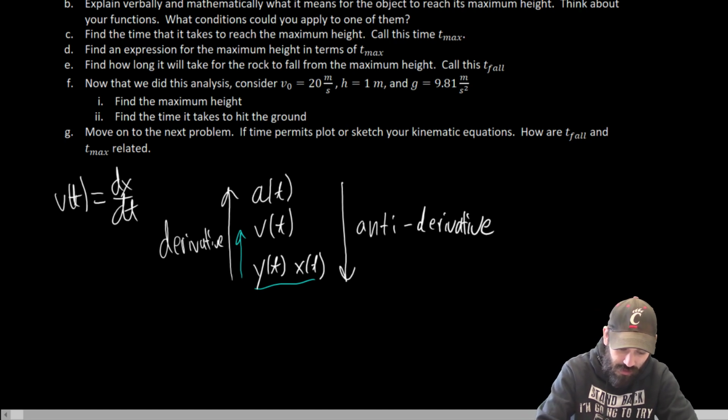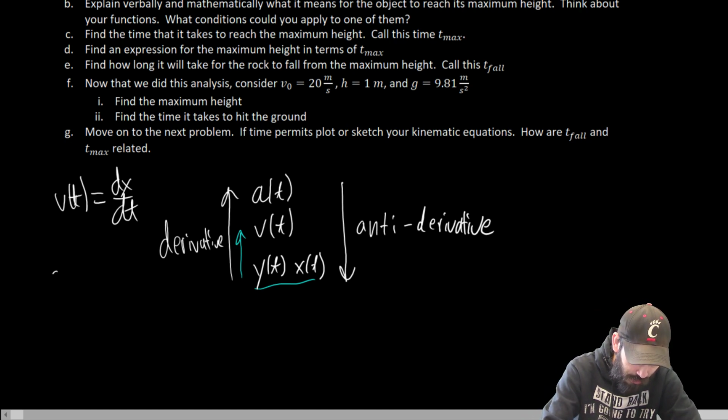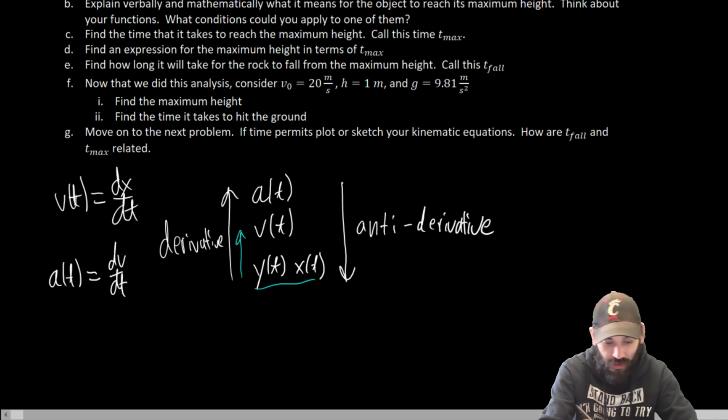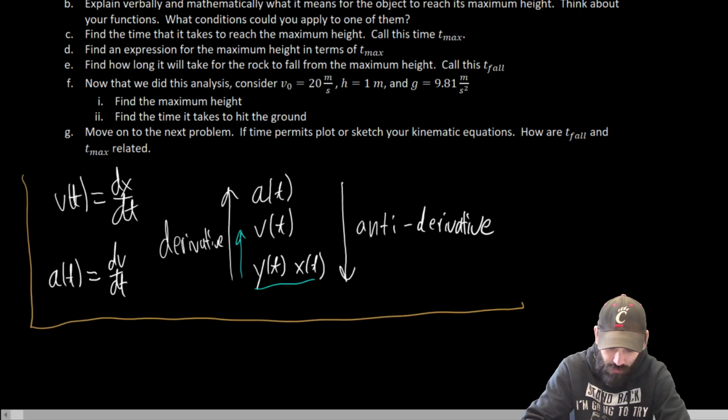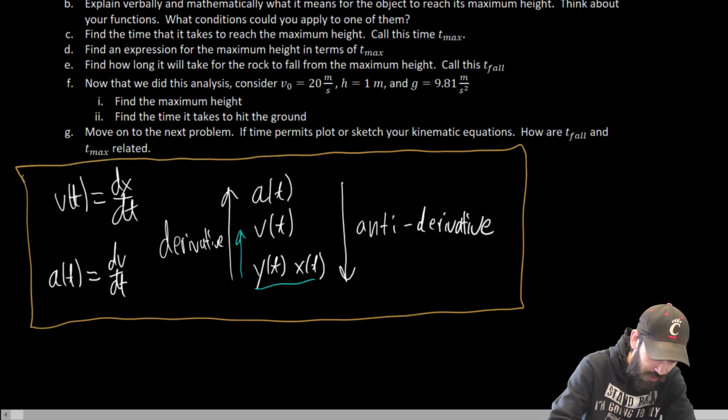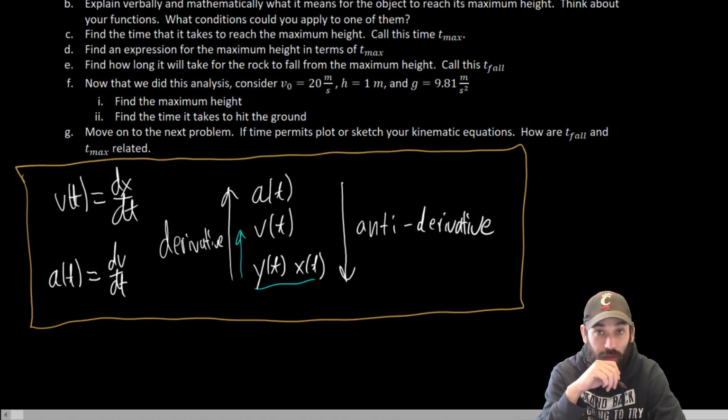And the last equation that I need here to make this true in general for all of the problems that we're going to consider is just to say that a of t is equal to dv/dt. Okay? And we can put a nice box around this. These are all the equations that you will ever need for one-dimensional motion.